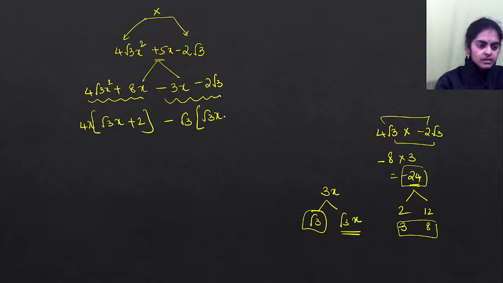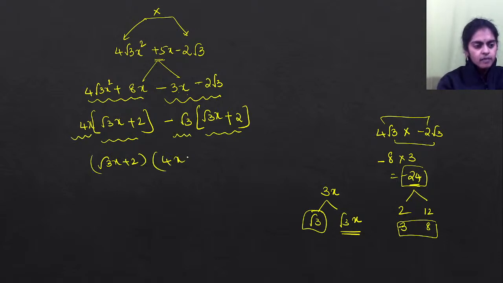Okay. Root 3x. Look, minus you have taken common, so here plus comes. And root 3 is common, so 2 comes. So again root 3x plus 2 is common. So here 4x is remaining and here minus root 3 is remaining.